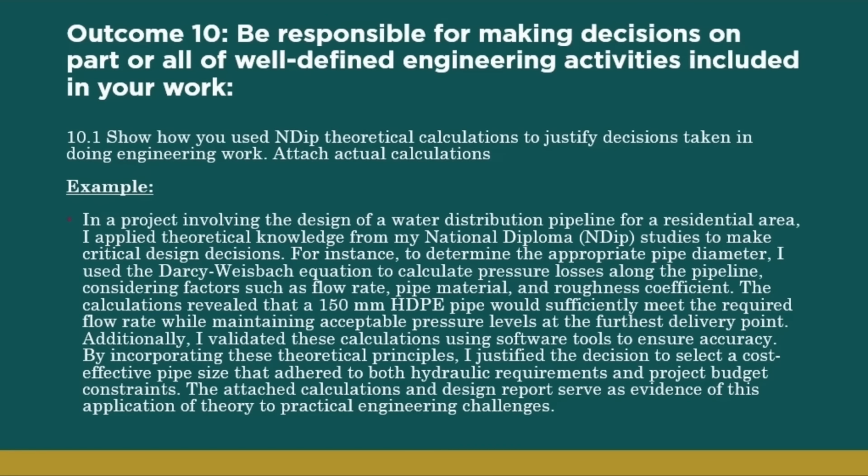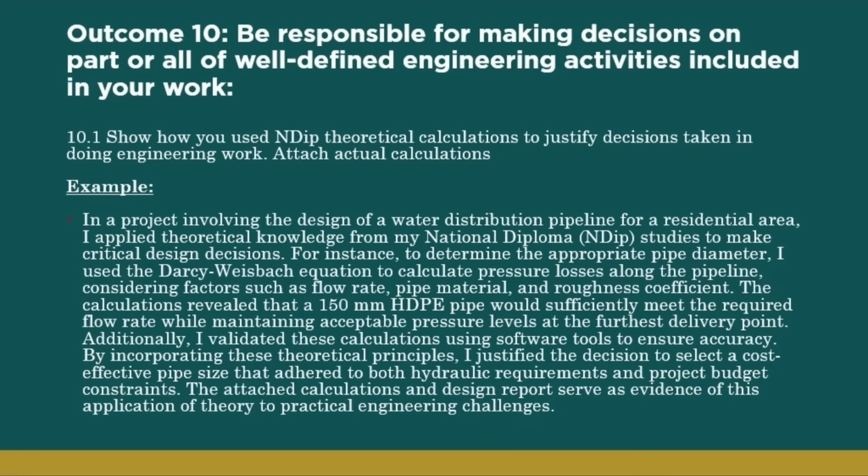Which equation did you use? Why did that information help you to determine the pipe diameter? There are various ways you could have calculated it, but you decided to use the theoretical knowledge of the Darcy-Weisbach equation to calculate pressure loss along the pipeline, considering factors such as flow rate, pipe material, and roughness coefficients.